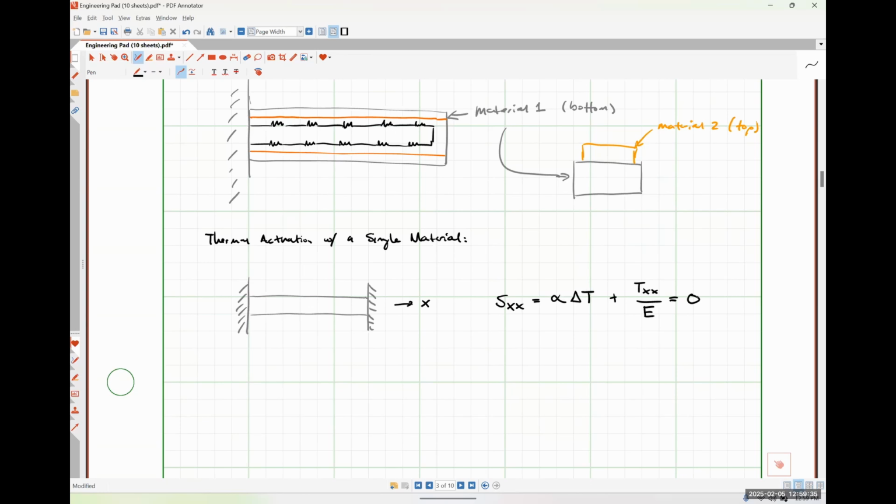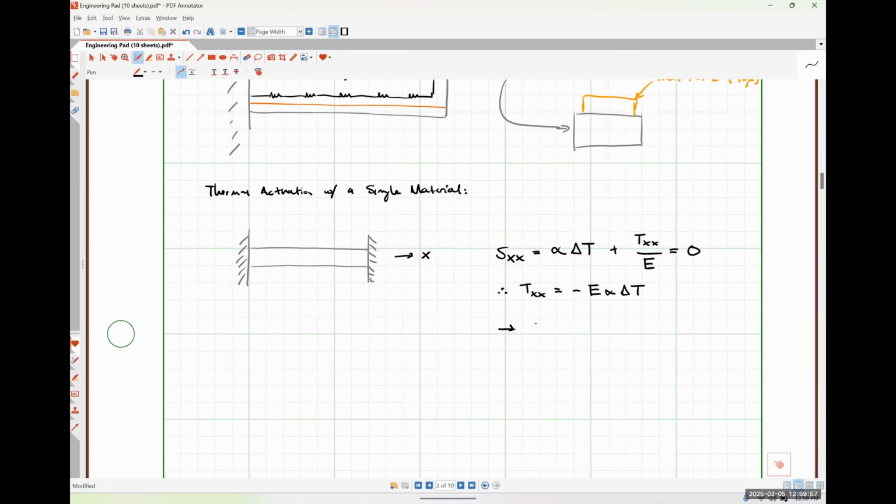So our stress in this particular configuration is just going to be negative E times our coefficient of thermal expansion times our change in temperature, and our force generated in the x direction is just going to be our cross-sectional area. Sorry, that should be an A, not a delta. Misread my thing. Multiplied by our stress.